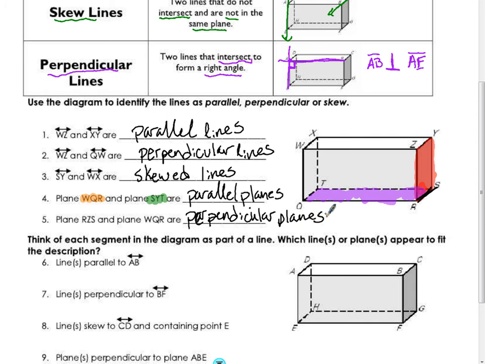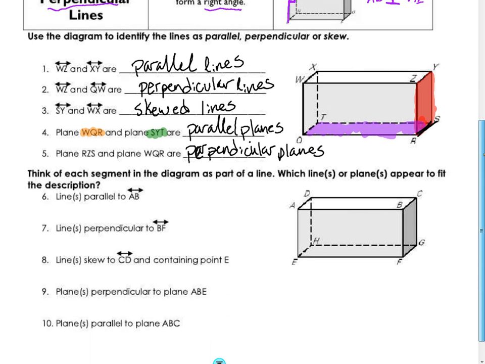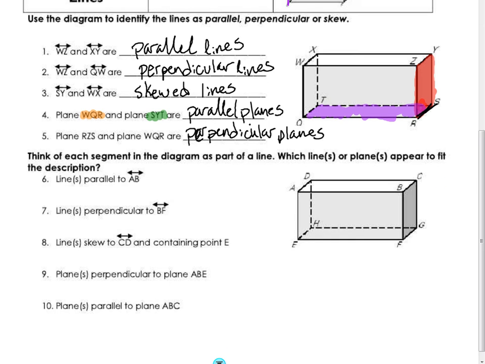Cool. So let's go ahead and just do some more practice here. They want to know in these examples, think of each segment on the diagram as part of a line. Which lines or planes appear to fit the description? So we're looking for lines, in number 6 here, that are parallel to AB. So if AB was in green here, and this is AB, lines that would be parallel are on the same plane but never intersect.